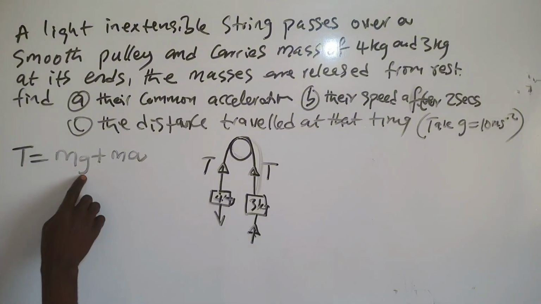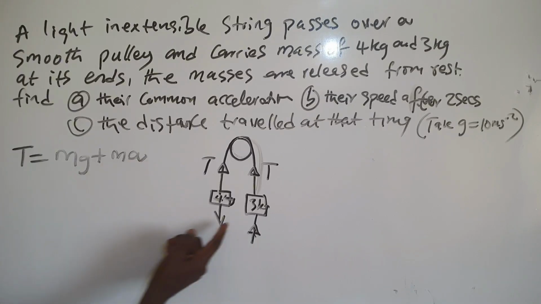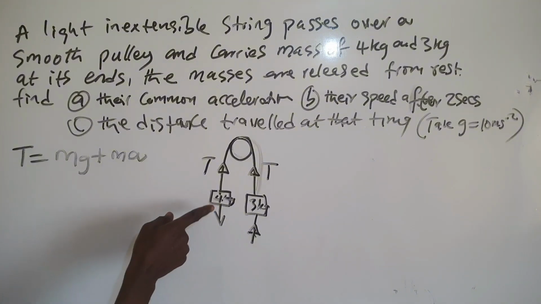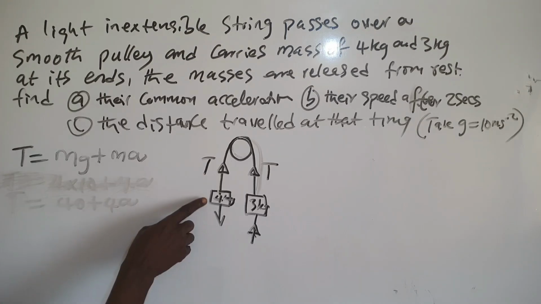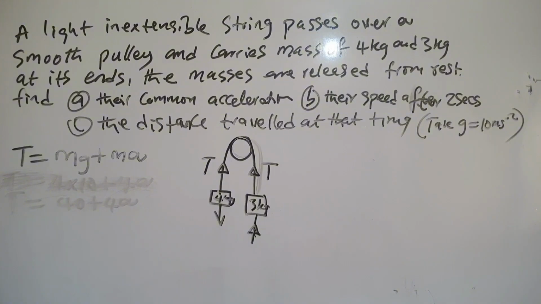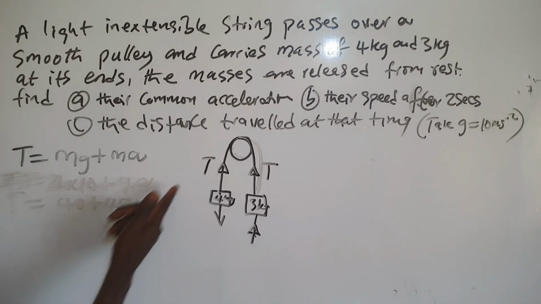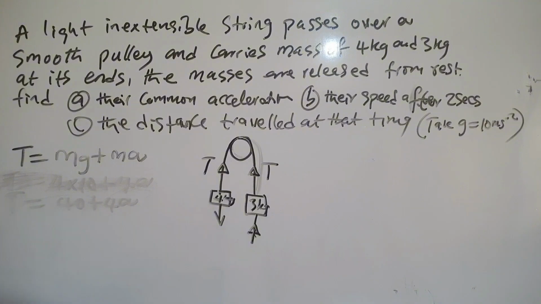M is the mass, G is acceleration due to gravity, and A is the acceleration as a result of the movement of the object. Now for the 4 kg, remember that it is moving down, which is opposite to the acting force of tension. Since it is moving downward, opposite to the tension, the acceleration has to be negative, because tension is acting upward while it is moving down.